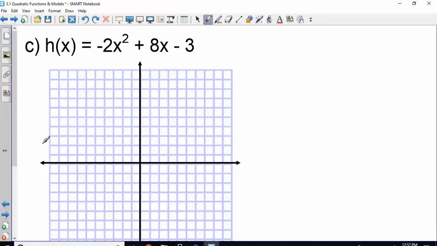Do just a little more and then we're going to stop for today. So this one, find my x value of the vertex, opposite of b, so my b is 8 over 2 times a, which is negative 2. That gives me a 2. To get your y, you have to plug that in.